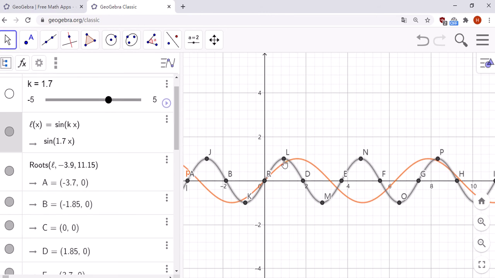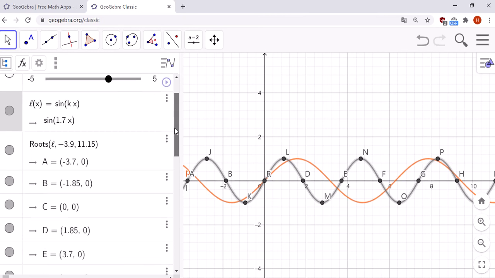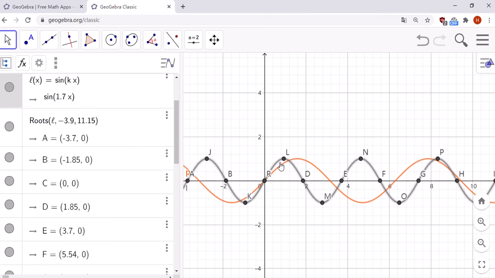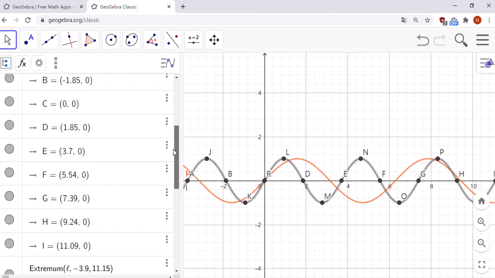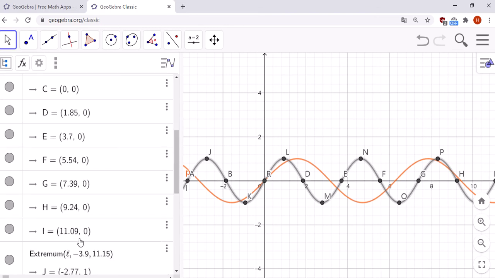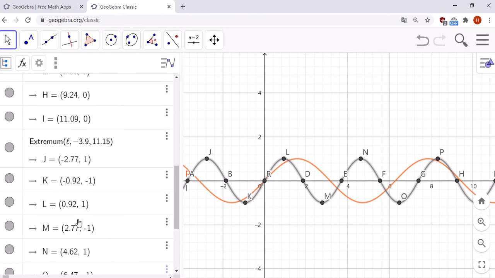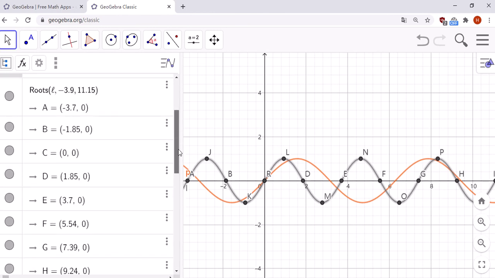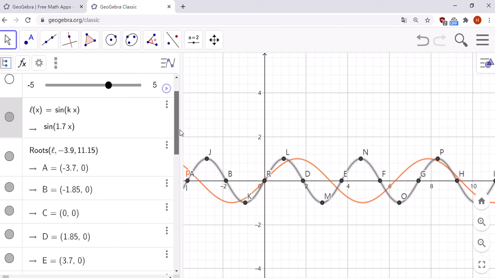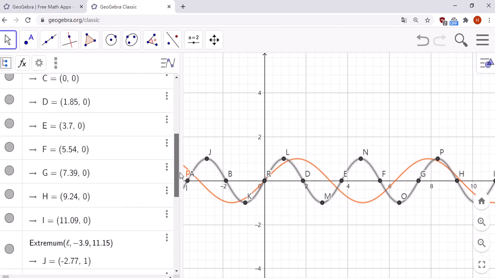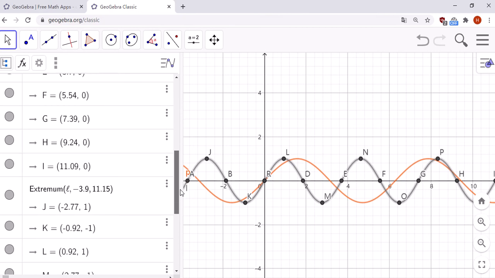And the maximum and the minimum point: here the maximum point is J, at 0.92, and J is 1.